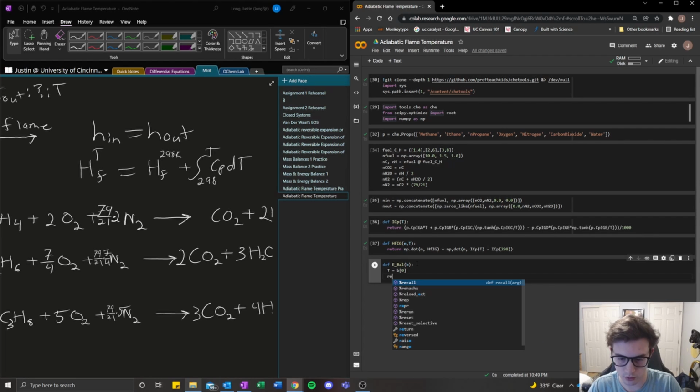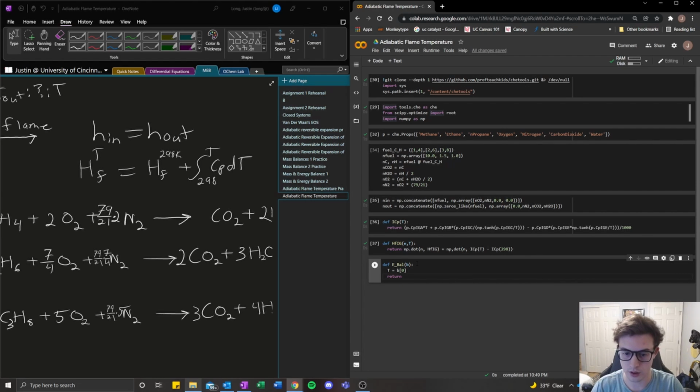And then we are going to return the heat of formation of an ideal gas. And we want the number of moles in and also the temperature.